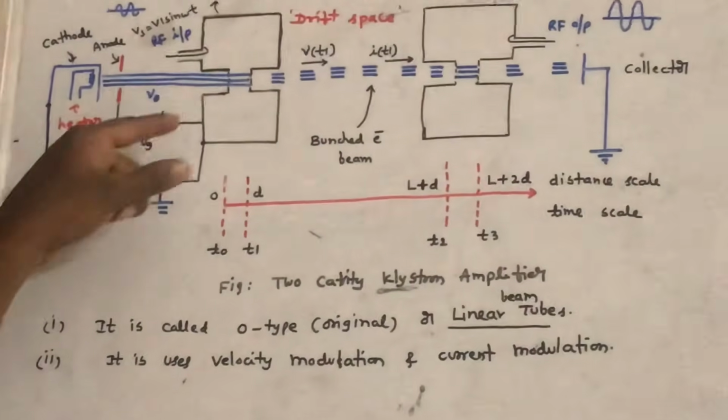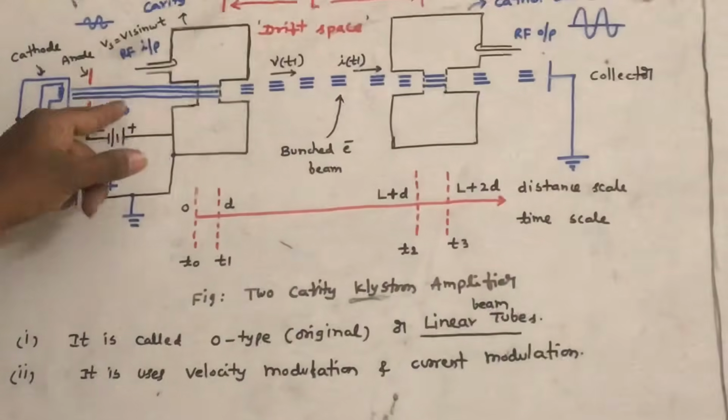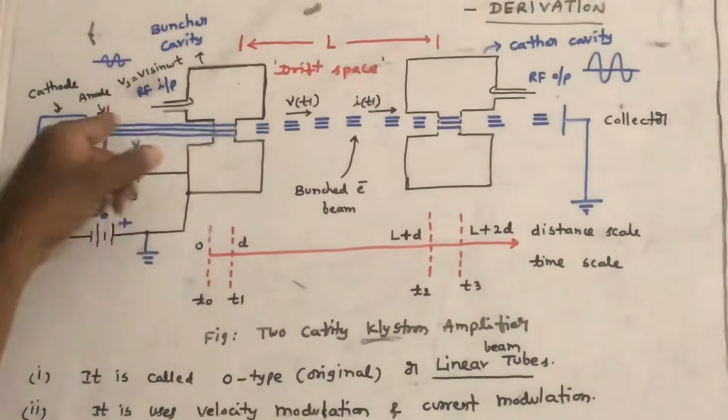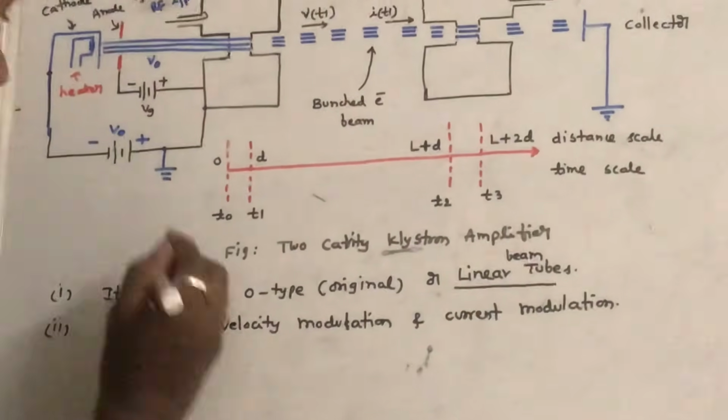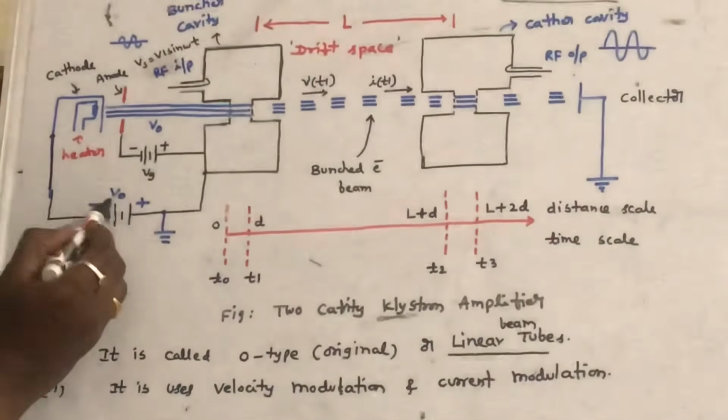Now first let us derive: what is the velocity of the electrons? That is V0, the velocity of the electrons before entering this cavity gap. What is the voltage given to the electrons?